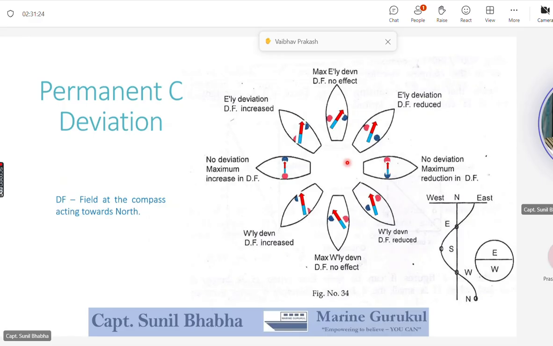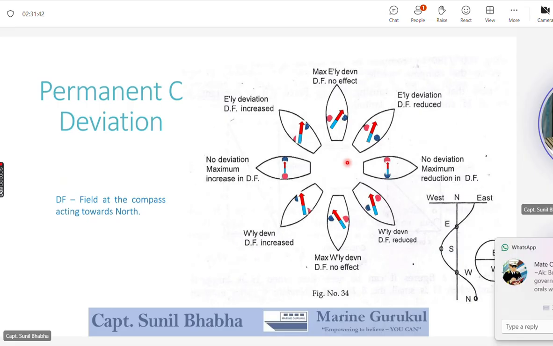Sir, considering the northern heading and the eastern heading of the vessel in this diagram, when the vessel is pointing towards east, we said that the effect of the poles created, the port and starboard poles created, will not be there.